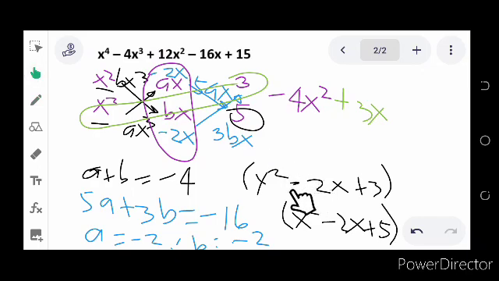Each of the two quadratic expressions can no longer be factored, so the factors of this quartic polynomial over real numbers is just x squared minus 2x plus 3 times x squared minus 2x plus 5.